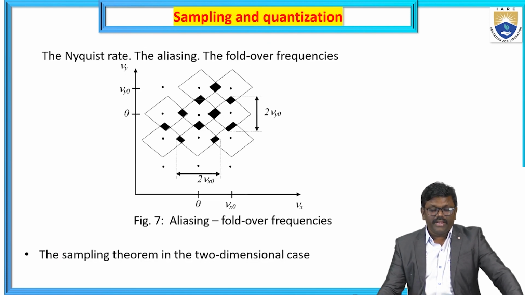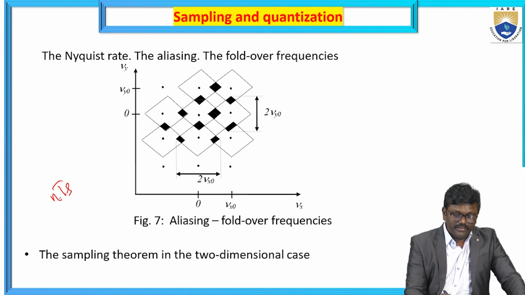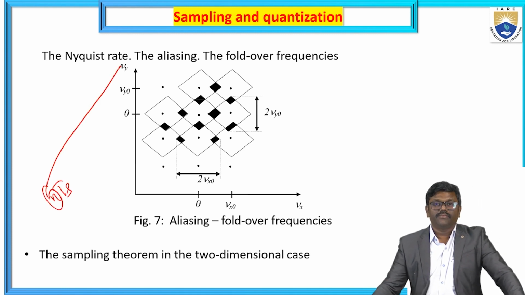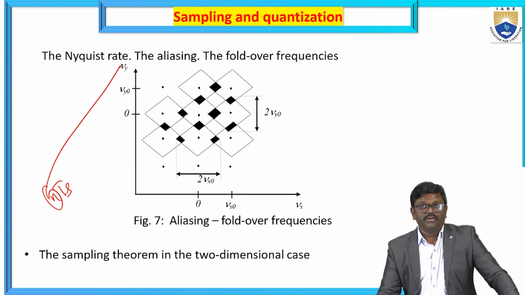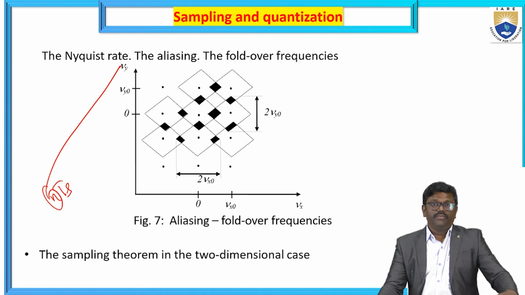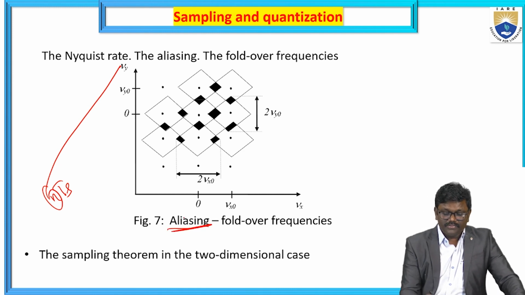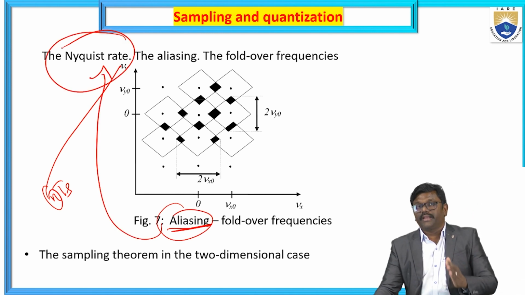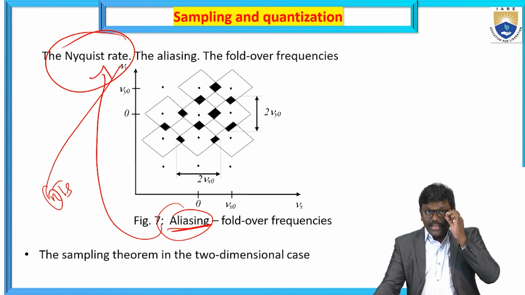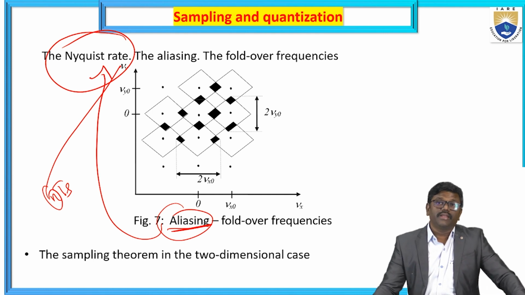In this gradient display method, the n value will be defined in terms of the Nyquist rate. That means the number of intervals is defined in terms of fold over frequency values. So the aliasing depends upon the Nyquist rate only, that is the sampling rate, and the Nyquist rate is defined depending upon your sampling rate values.